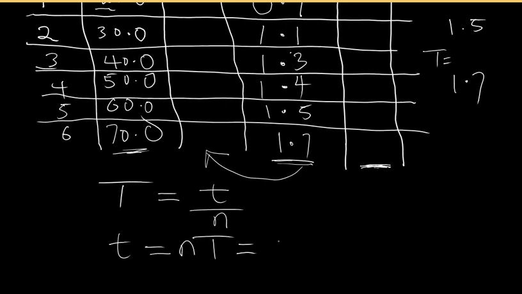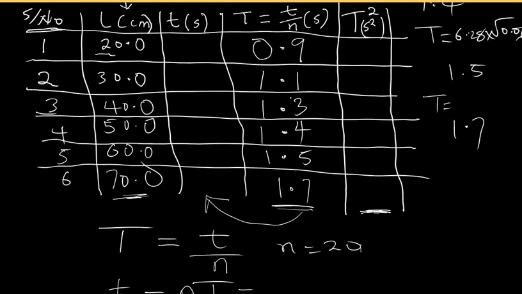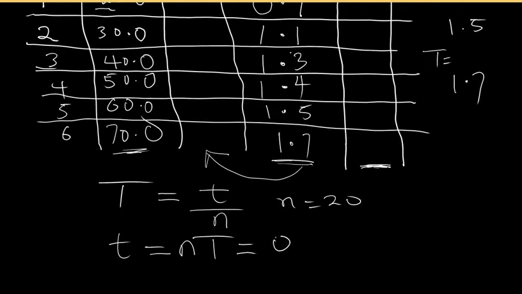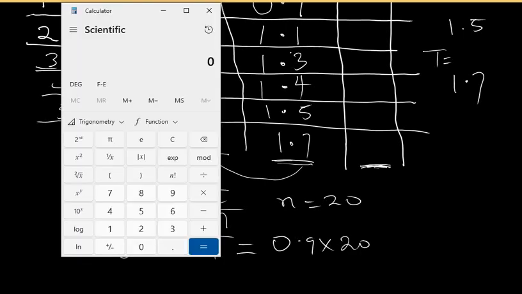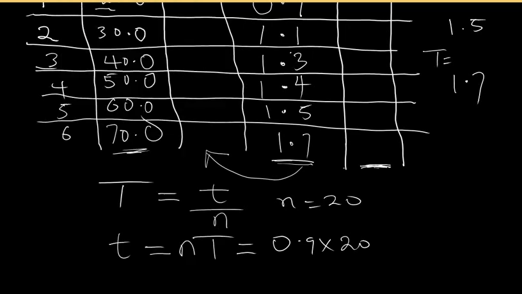Let's say we're looking at 20 oscillations, so I'm going to multiply each of these values by 20. So 0.9 times 20. What do we have? I have 18 seconds.